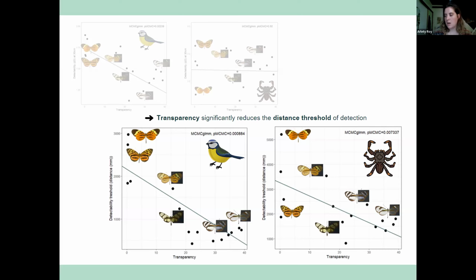So for the Blue Tits, transparency decreased detectability irrespective of distance. And for the Salticidae, transparency decreases detectability not at close range, but at a distance.